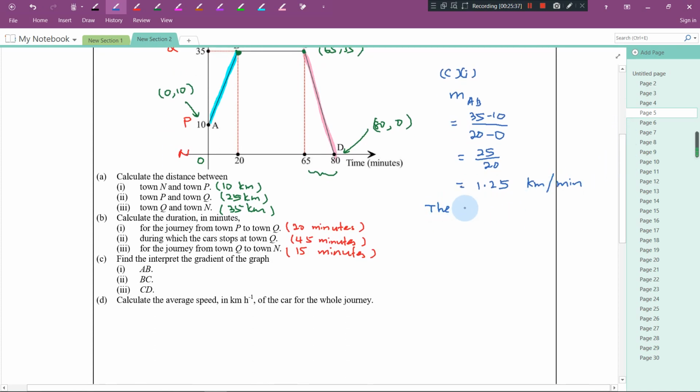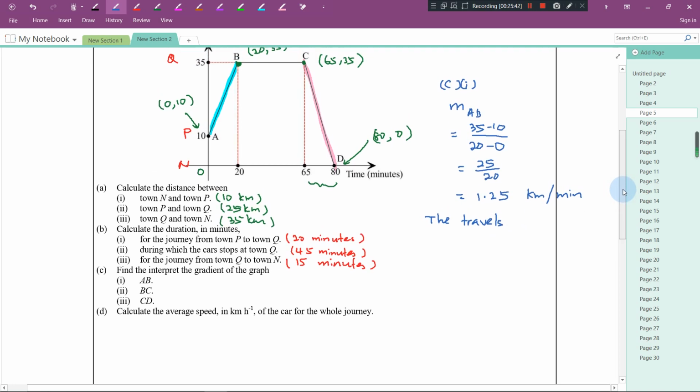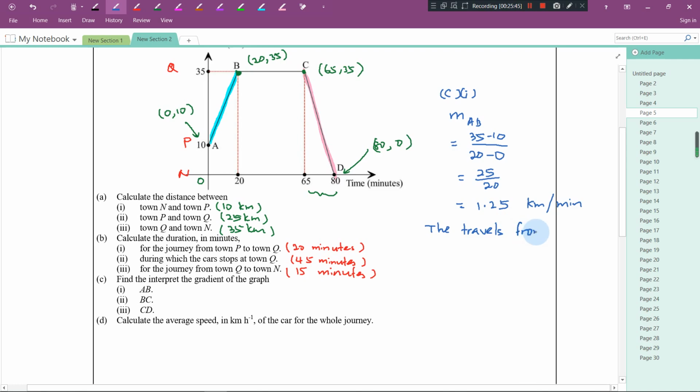The car travel from town P. So this is AB. AB is over here. Town P to town Q with a speed of 1.25 kilometer per minute.